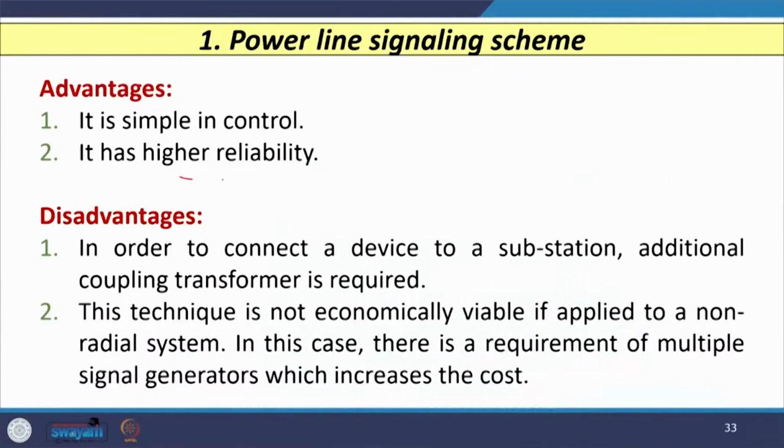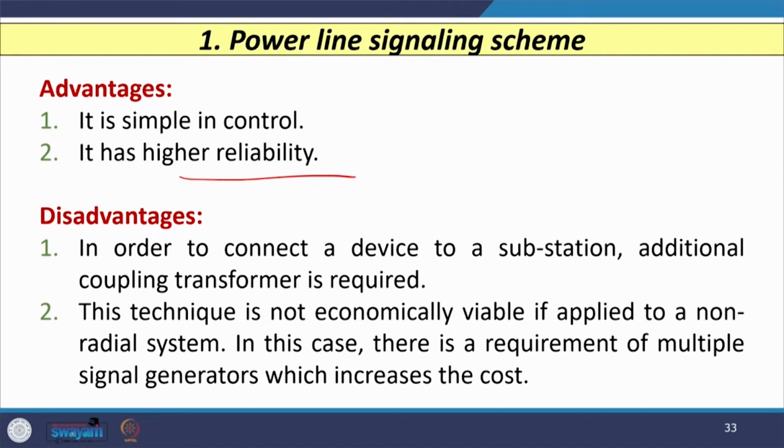Now, let us see what are the advantages and disadvantages of power line signaling scheme. The first advantage is that this scheme is very simple in control and it has higher reliability compared to the other techniques. However, this has certain limitations also.